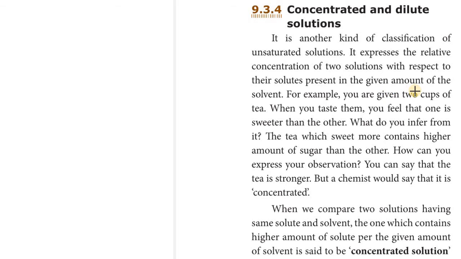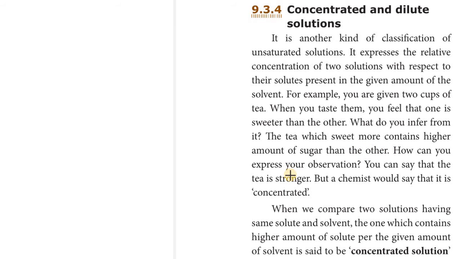For example, let me give you a daily life example. You are given 2 cups of tea. When you taste them, you feel that one of them is sweeter than the other. What do you infer? Basically, the tea which is sweeter contains a higher amount of sugar than the other one, right? Now how can you express your observation?